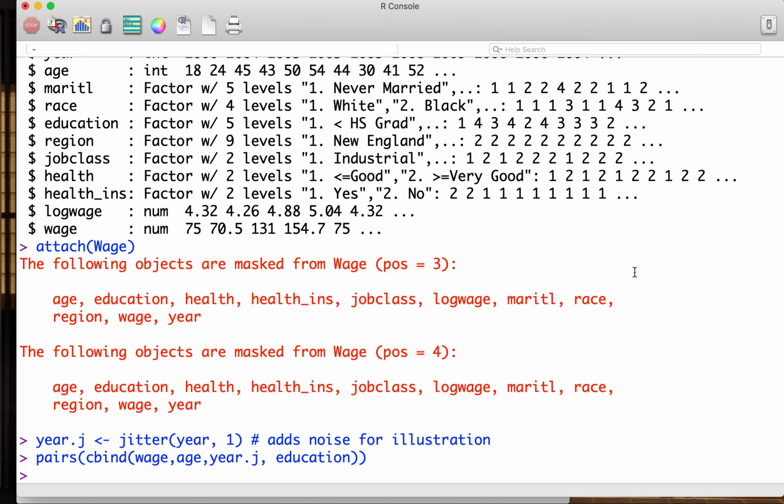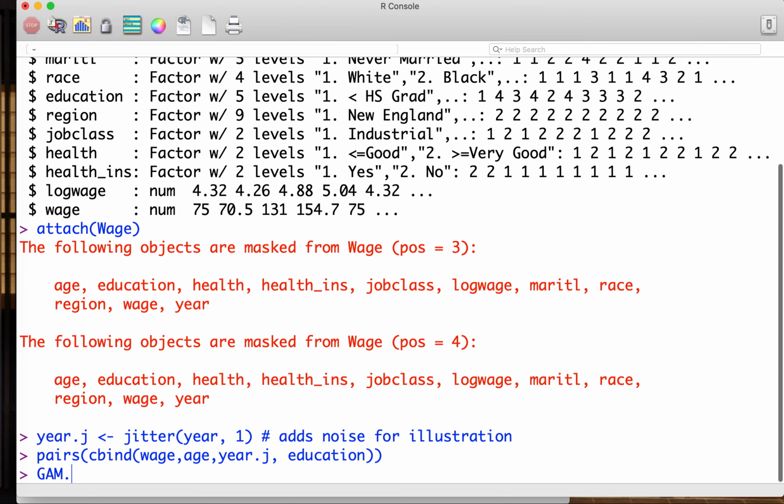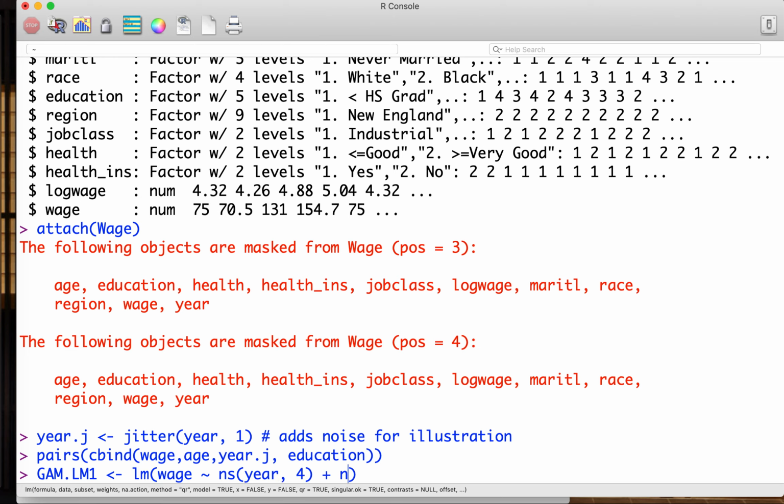So now we want to fit the GAMs. One way to fit the GAM is to use just a linear model. We fit wage on the regression spline of year with degree 4 and the regression spline of age with degree 5, and education.